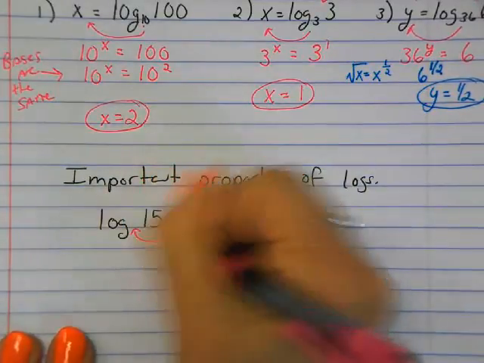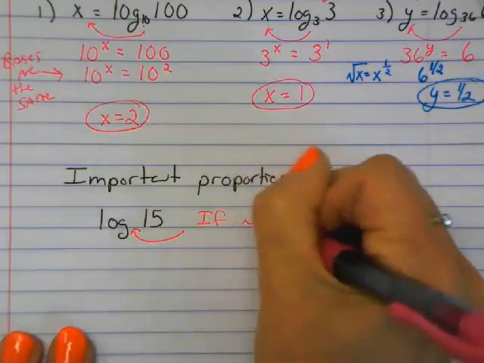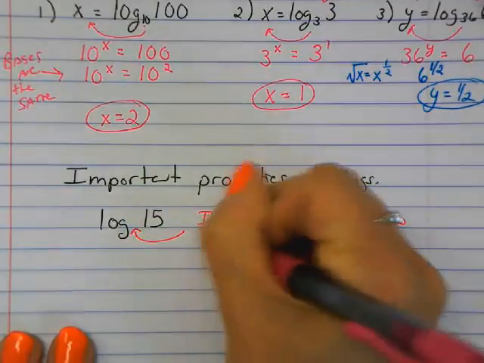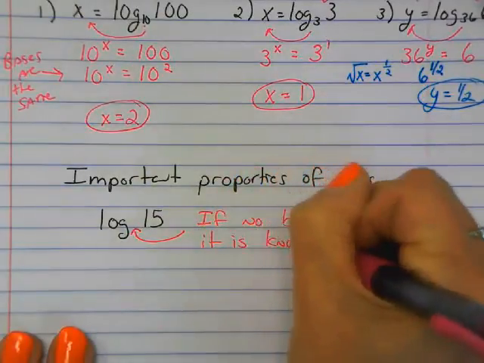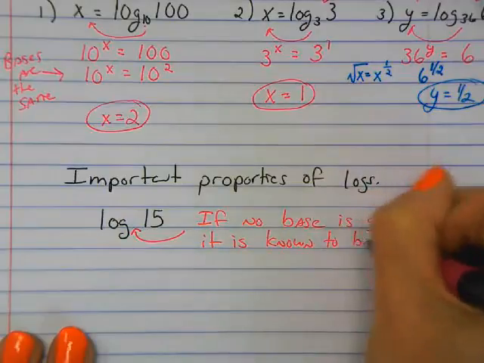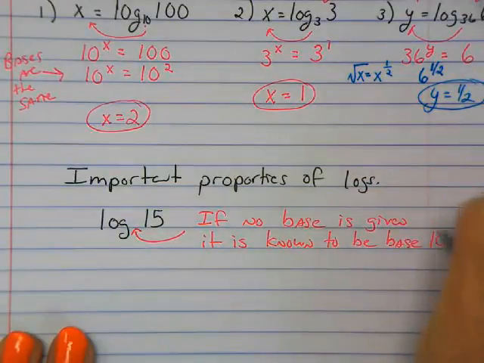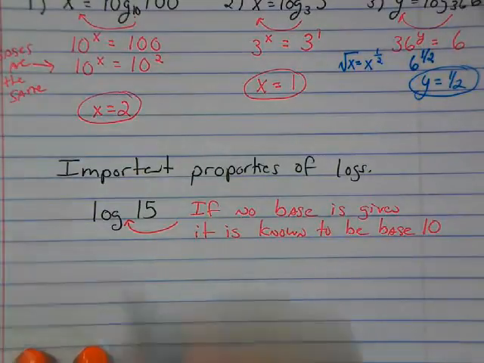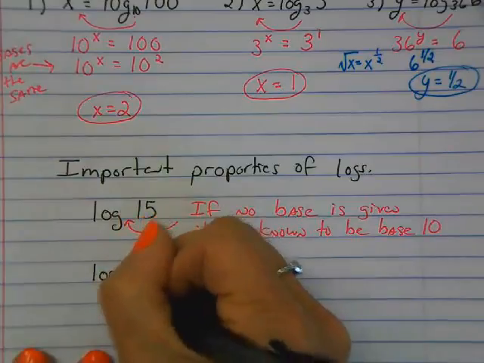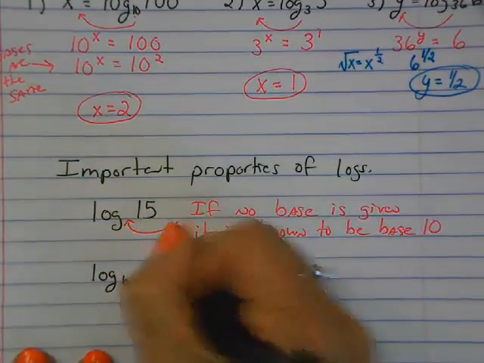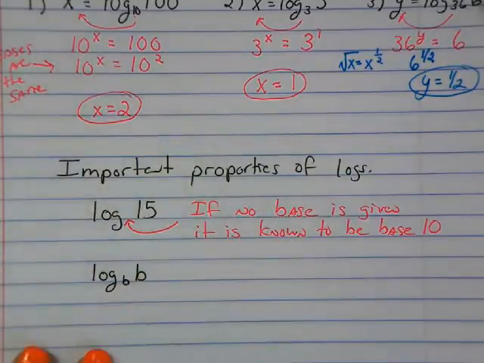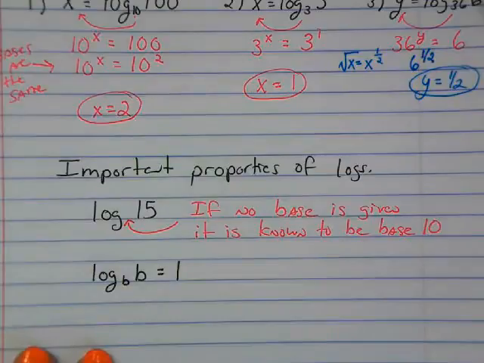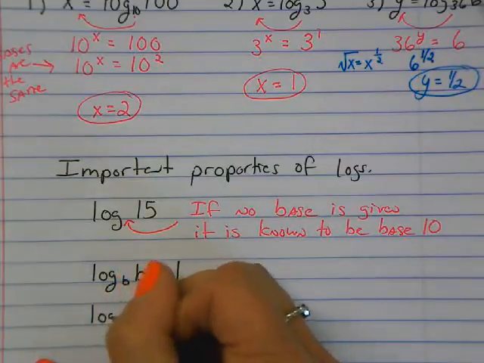So if no base is given, it is known to be base 10. Alright, a couple more things. If I have log base b of b, I get 1. The log base b of 1 is 0.